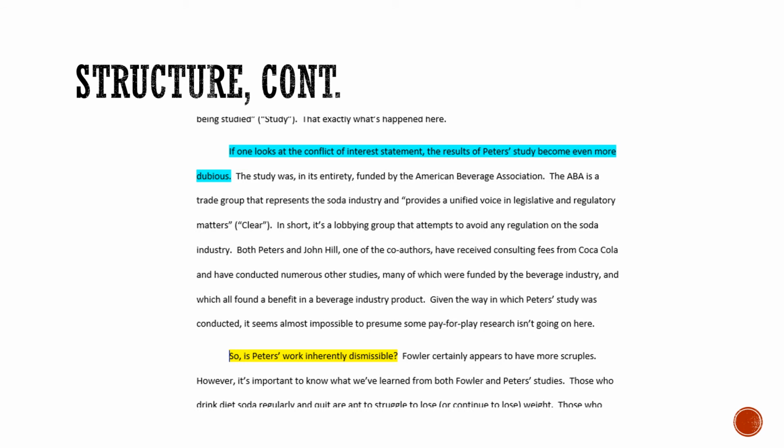So in this case, all the author's given us is a second paragraph explaining ultimately the problems in Peter's study. And then again, this is the point where the reader theoretically is going, okay, so is Peter's study totally garbage? And the author works immediately to try to, again, answer that question in the reader's mind, okay?